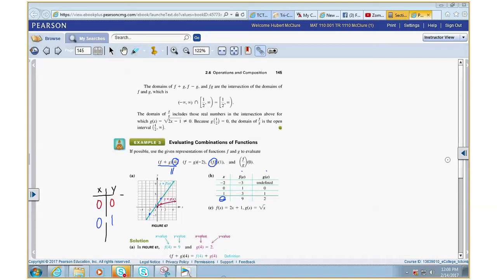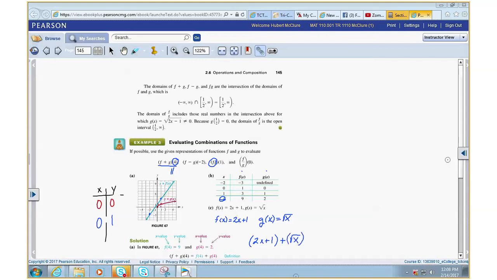Okay, now right here is the algebraic. Okay, so here we go. F of x is 2x plus 1. G of x is equal to the square root of x. What does that one say? F plus G, 2x plus 1 plus the square root of x.